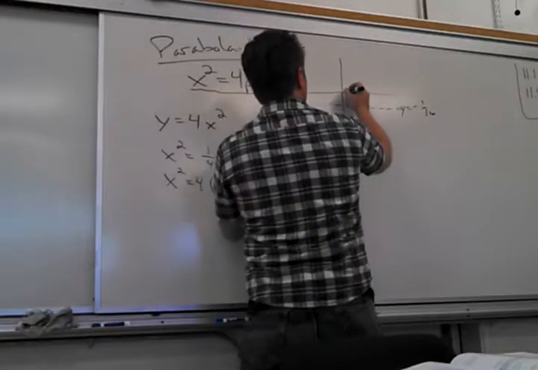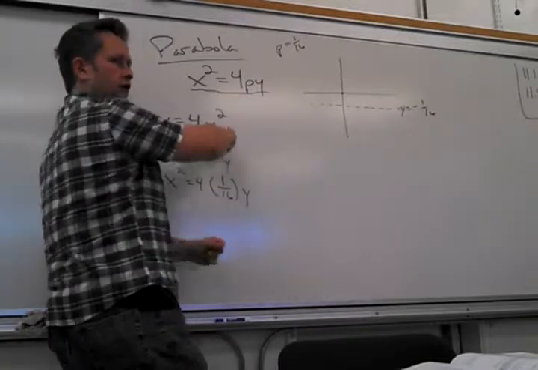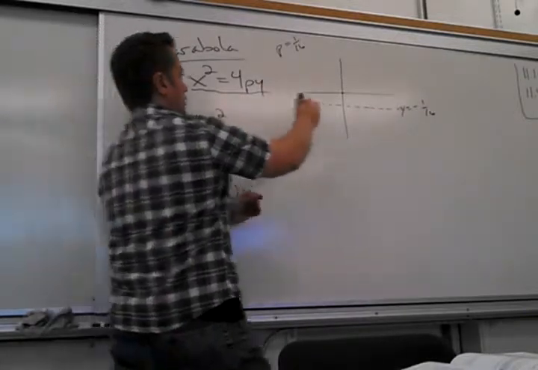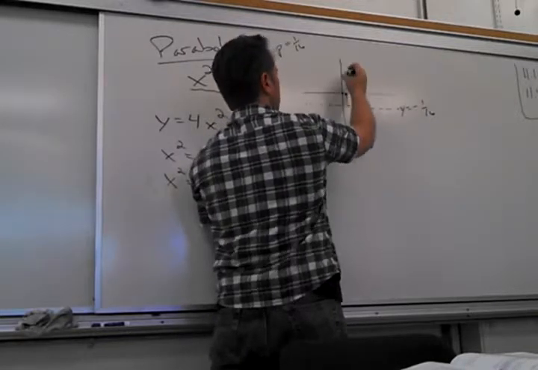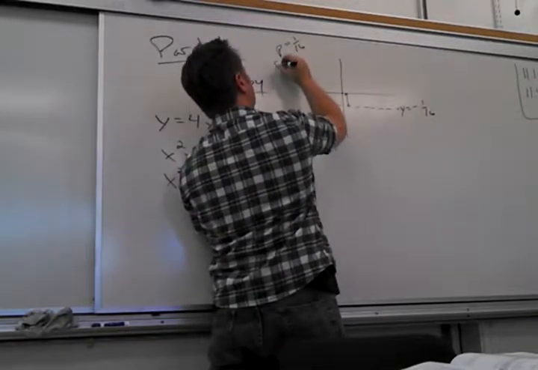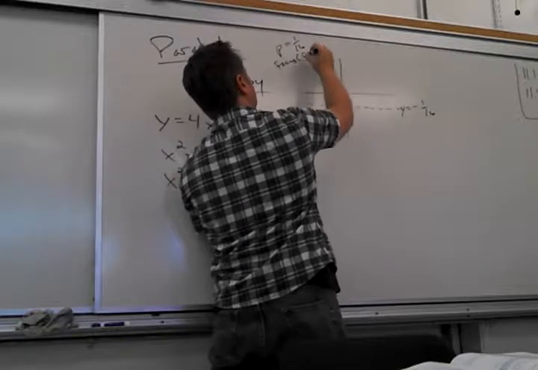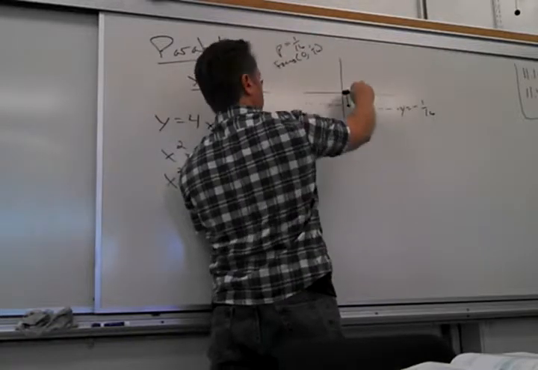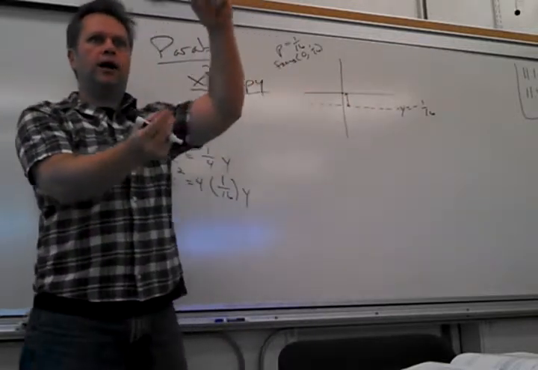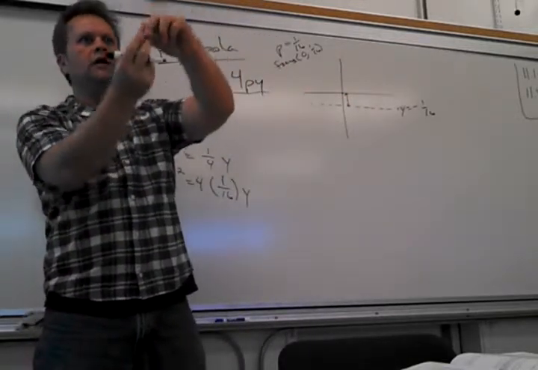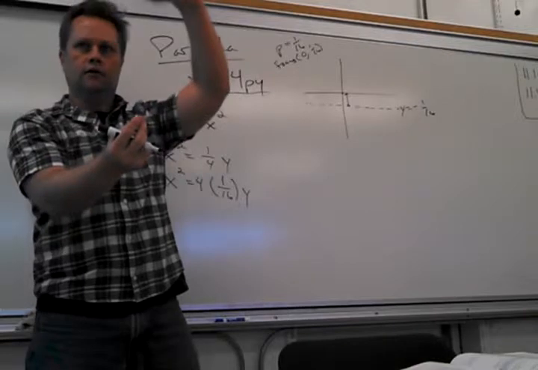The vertex would be at 0, 0, of course, because this is not shifted. So this distance here is 1/16. In general, the focus is p away from the vertex. The directrix is back p and the focus is forward, and that automatically sets up that it's the same distance on either side.